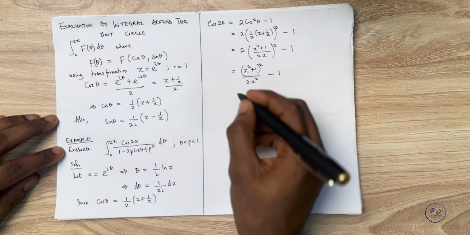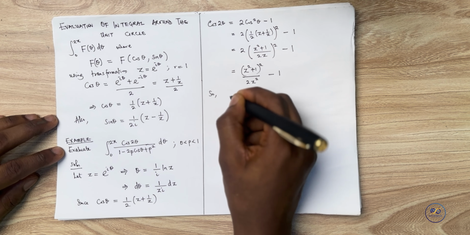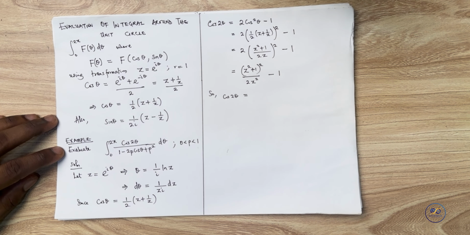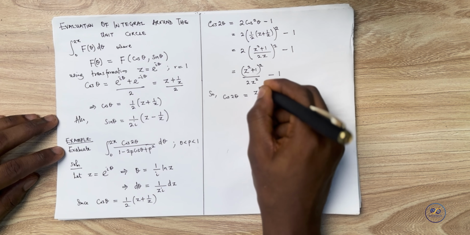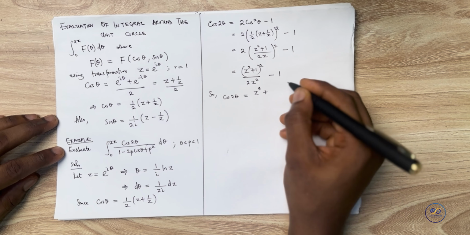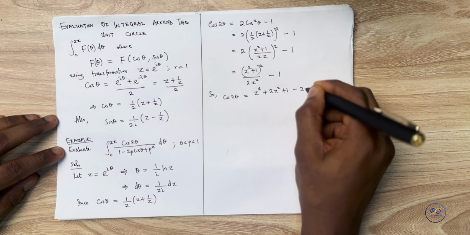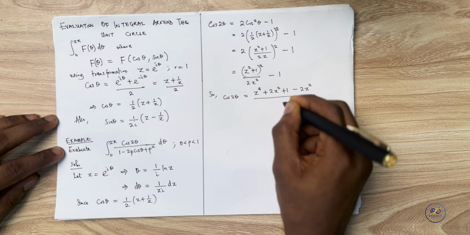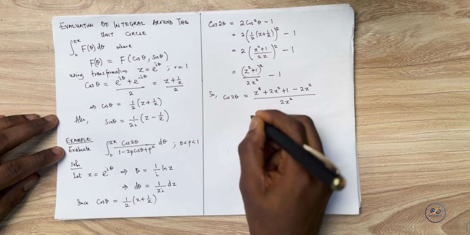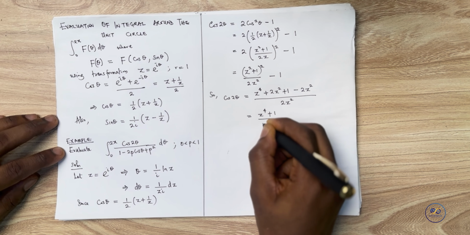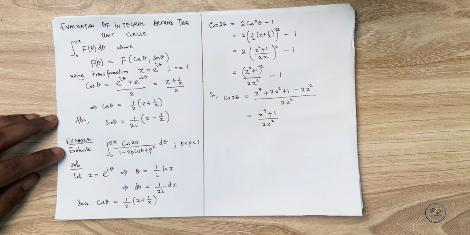You can also proceed to take LCM so that at the end of the day, cos 2 theta after expansion and LCM would simply give us z to the power 4 plus 2z squared plus 1 minus 2z squared divided by 2z squared. So this simplifies to z to the power 4 plus 1 divided by 2z squared easily.